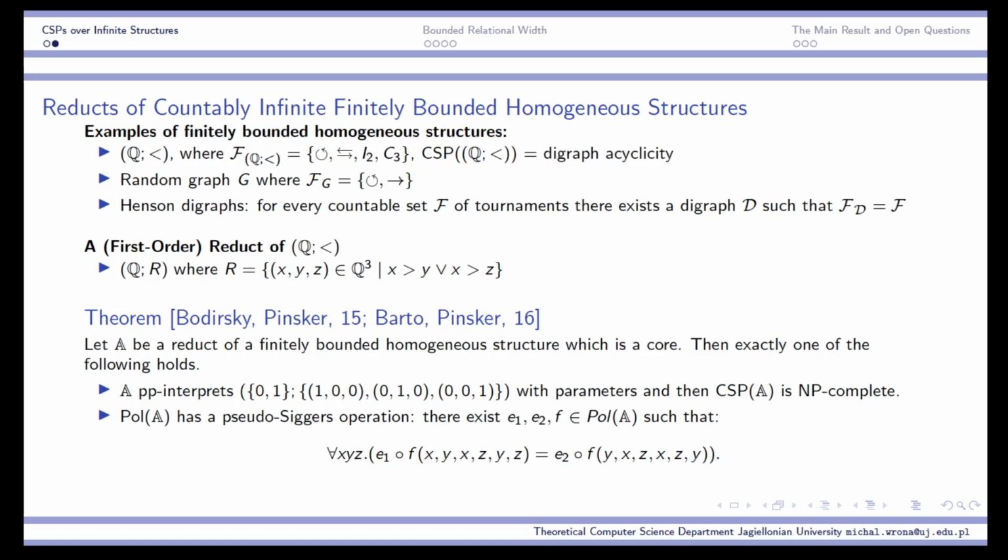Pseudo-Siggers means that there are unary e1, e2, and a 6-ary f, so that the displayed equation is satisfied. And the conjecture is that in the second case, the problem is in P. And a similar conjecture is conferred for finite structures, proved by Bulatov and Zhuk.